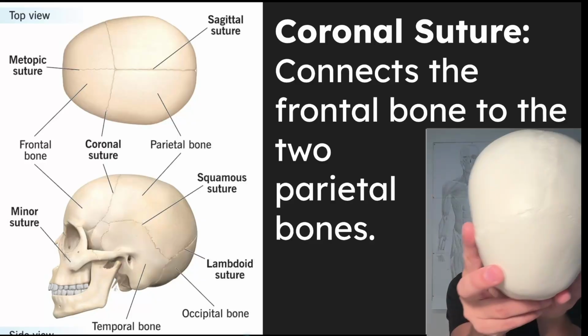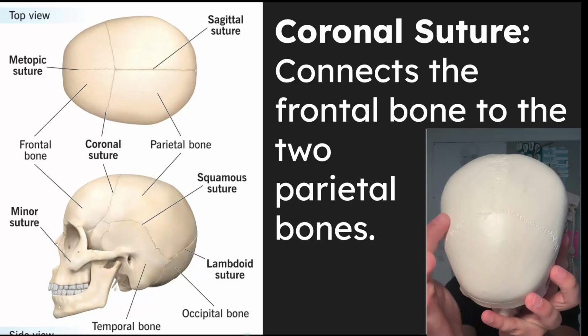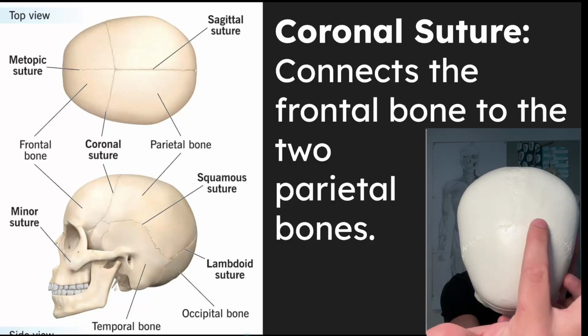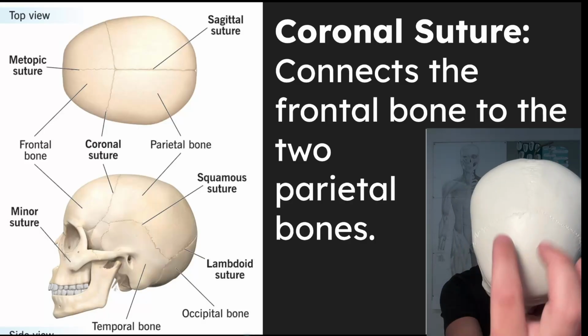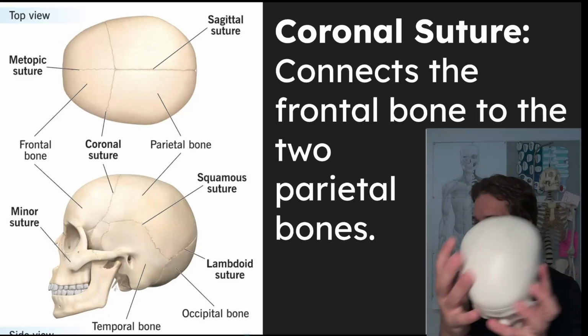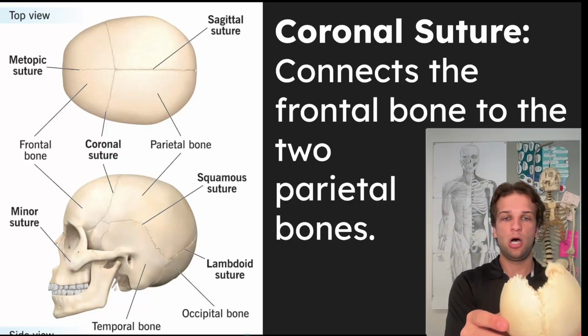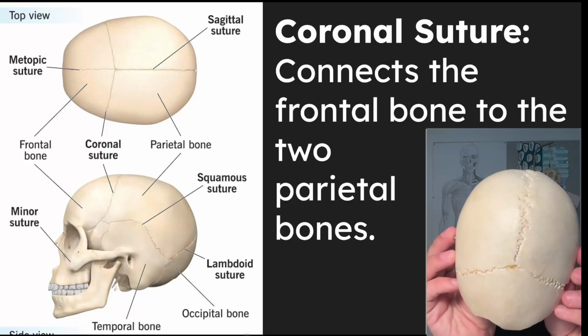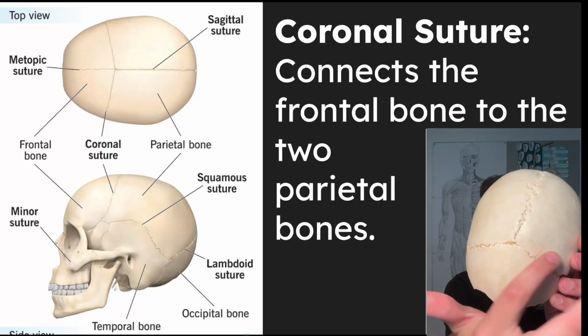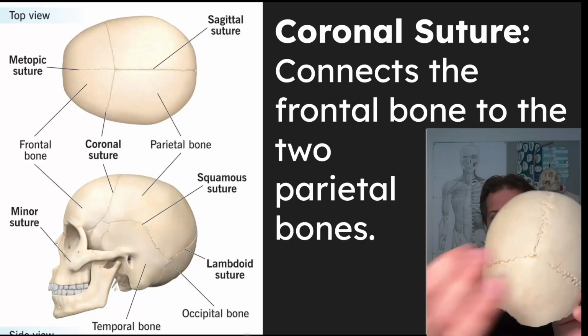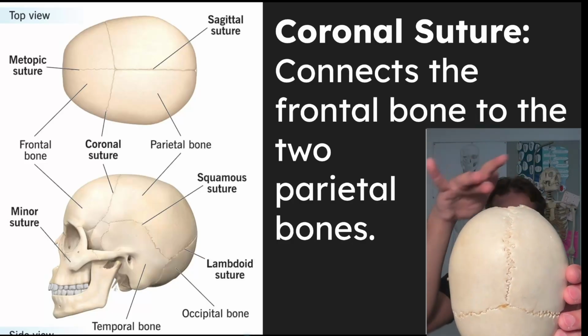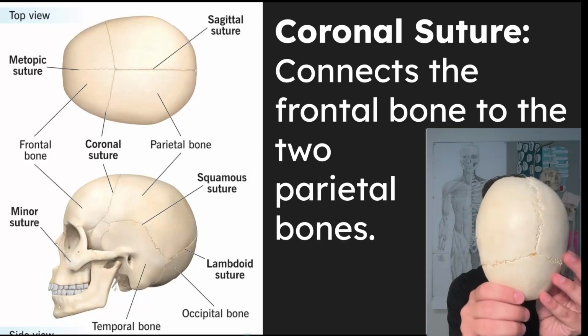But what you'll see, if the camera's clear enough, is that there are these lines that run between the bones that make up the skull. And you'll be able to see it a little bit better on an actual piece of skull here. You can see that there are these things called sutures. We talked about these a little bit when we were talking about development of a skull.